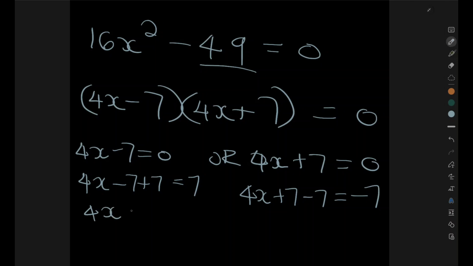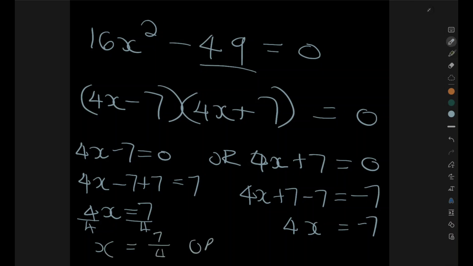And here we have 4x is equals to 7. And here we have 4x is equals to minus 7. And then obviously we're going to divide both sides by 4. Our final answer will be x is equals to 7 over 4, or x is equals to minus 7 over 4.